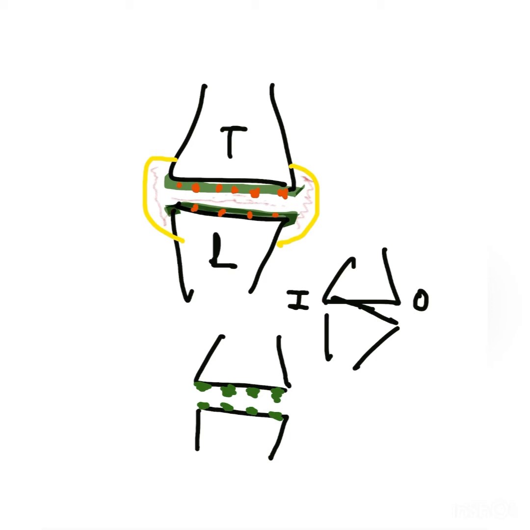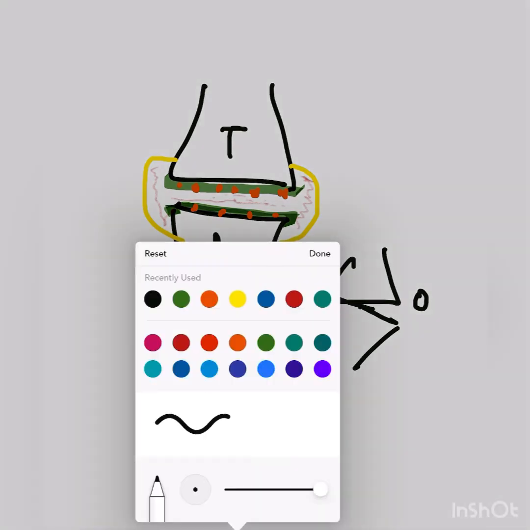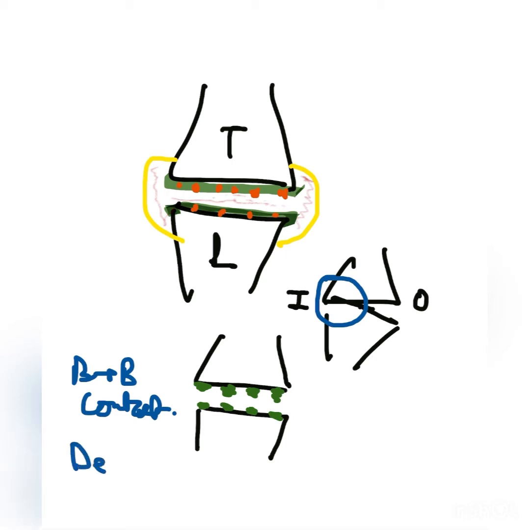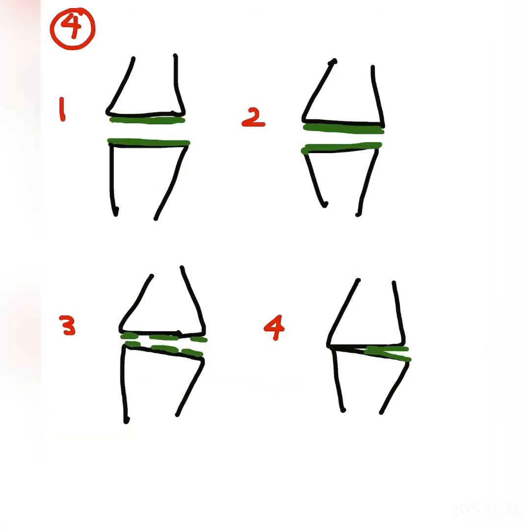The main cause of pain in people with knee arthritis is the actual exposure of bone to bone. So it's bone to bone contact which causes pain, and this also causes deformity. So these are the 4 grades of knee arthritis, or any arthritis in general.